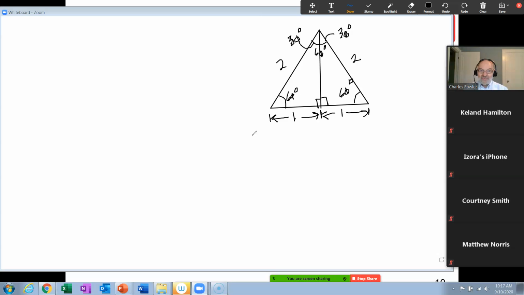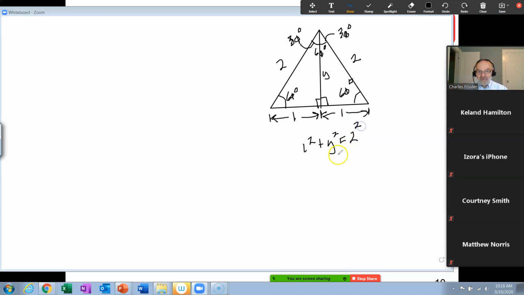Now, we know this little triangle here is a right triangle, meaning that 1 squared plus whatever this squared is has to equal 2 squared. So let's just call this y, because it's going upward anyway. So let's say that 1 squared plus y squared is equal to 2 squared.